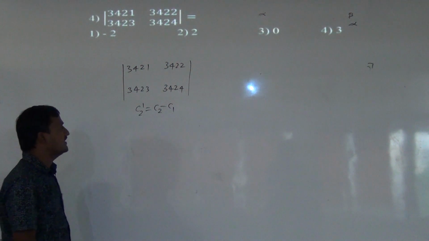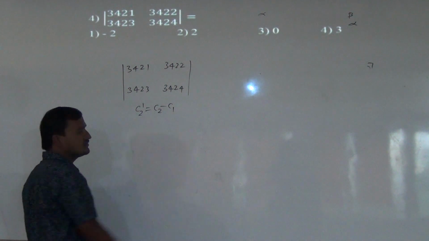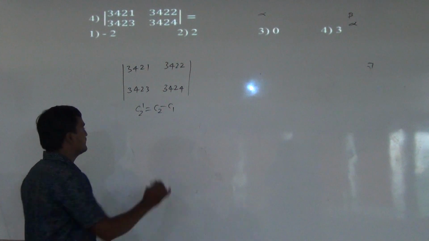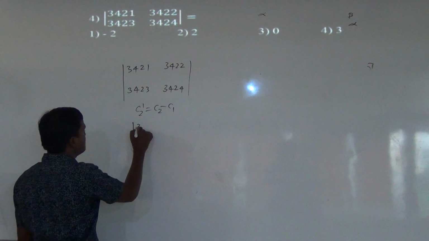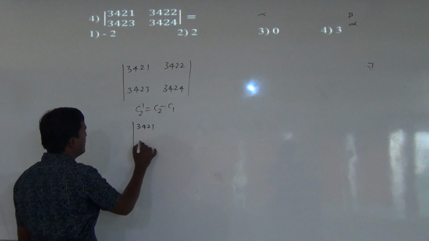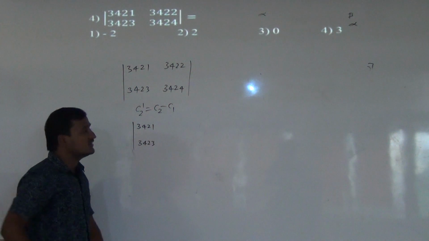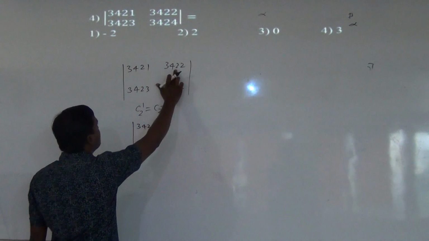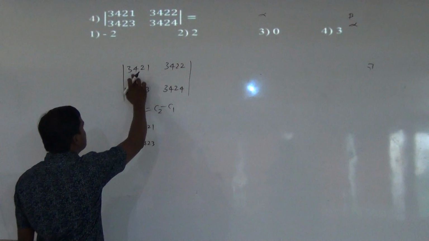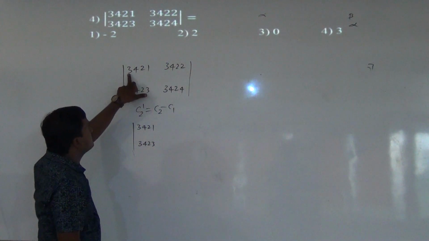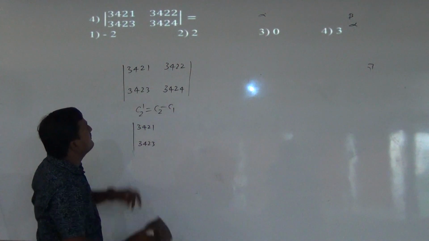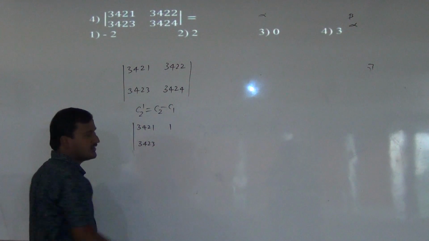So I am applying the operation C2 dash equal to C2 minus C1. So I will keep C1 as it is, 3421, 3423. Then C2 minus C1: 3422 minus 3421, so this becomes 1, right?